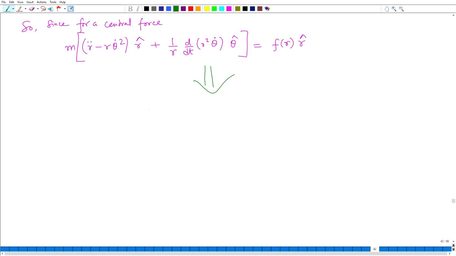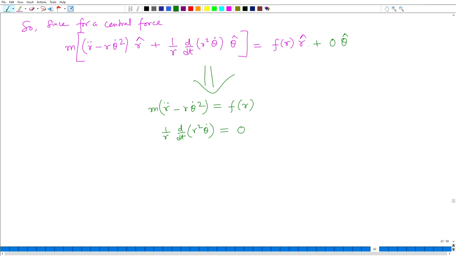One is m (r double dot minus r theta dot square) is equal to F r. The second one is 1 by r d/dt of r square theta dot is equal to 0, because in the direction of theta cap there is actually 0.